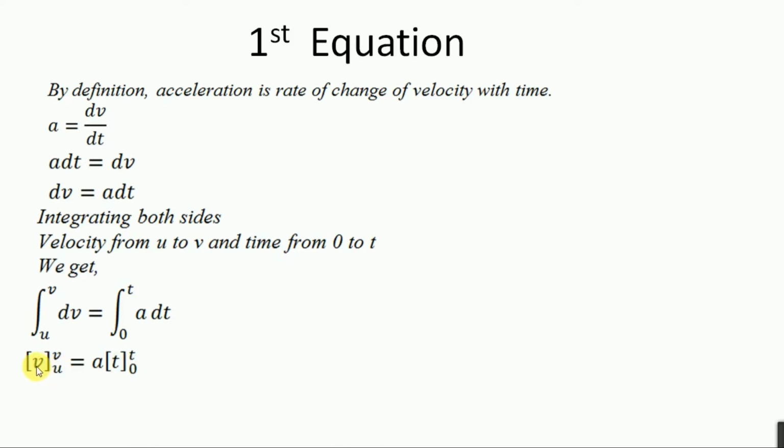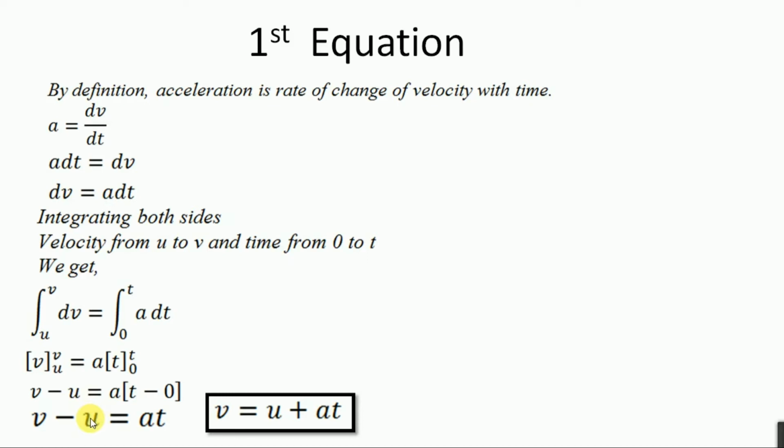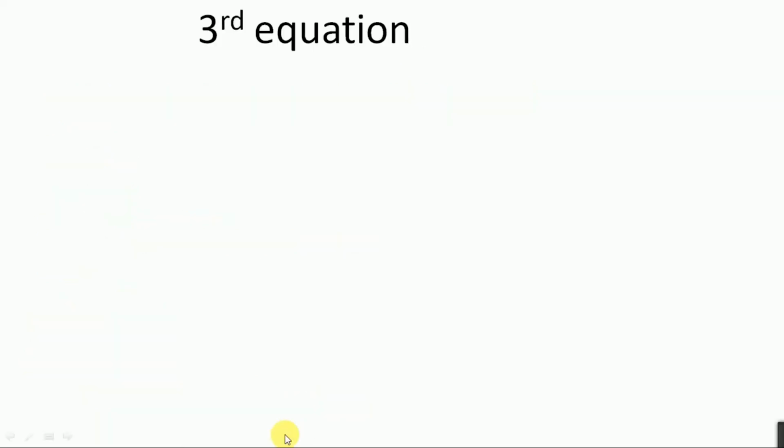Now I'll put in the values. For v, I'll put v minus the lower limit u. Similarly for t, the upper limit is t and the lower limit is 0. Now when you open this bracket and take u to the right hand side, we get the first equation of motion: final velocity is equal to initial velocity plus acceleration into time.